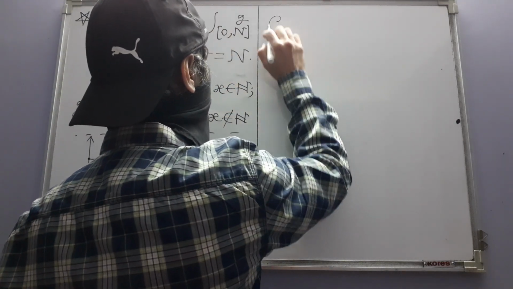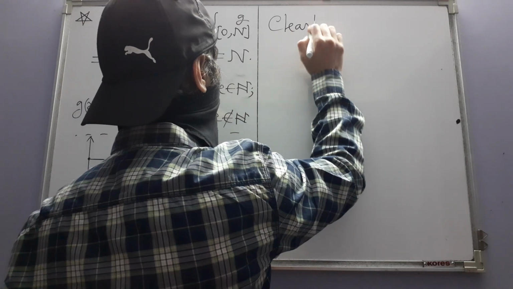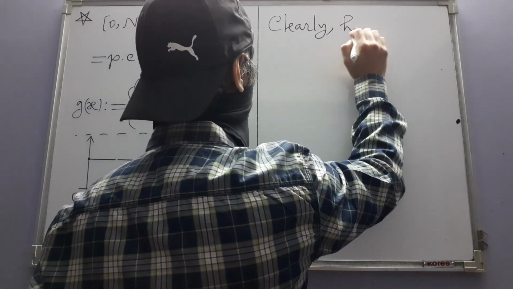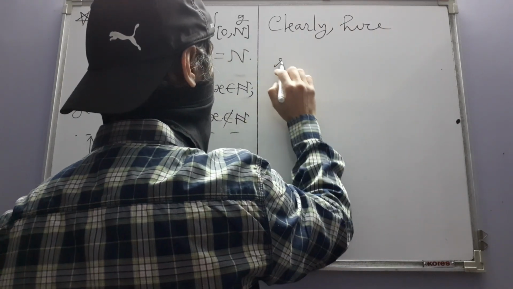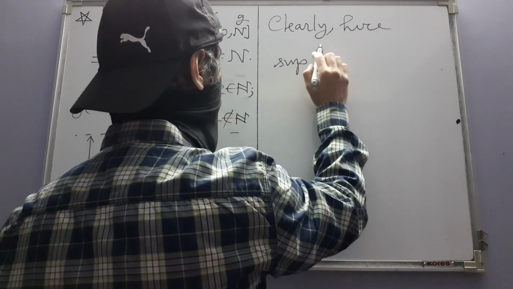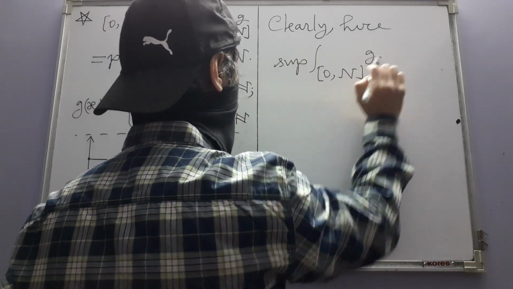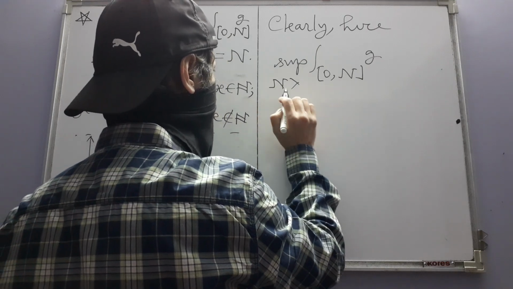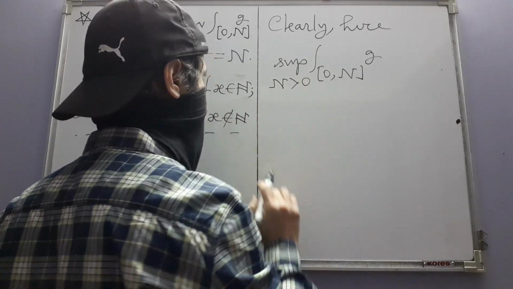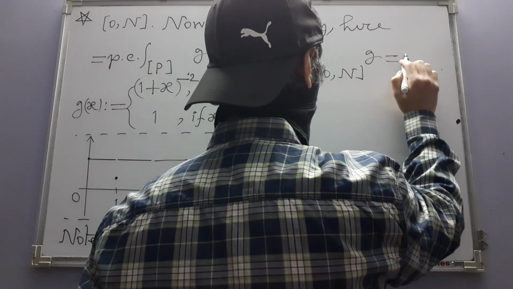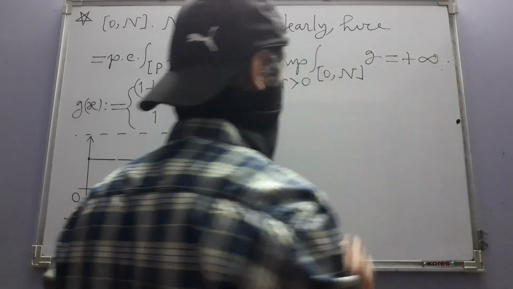So you can write clearly here: the supremum of the integrals of g, as n varies over the positive real numbers, is equal to plus infinity.